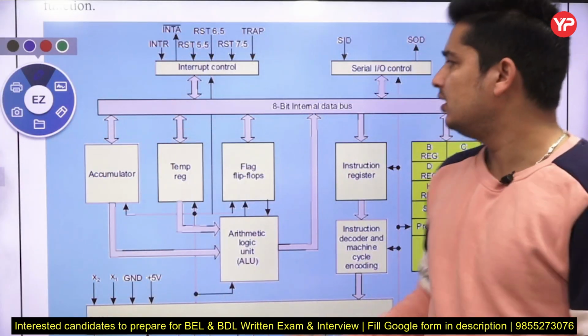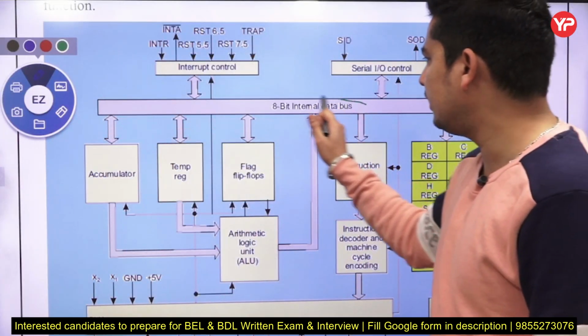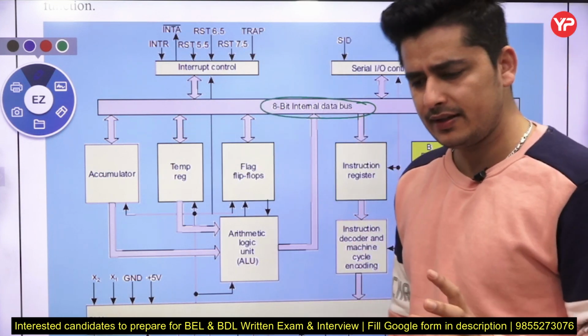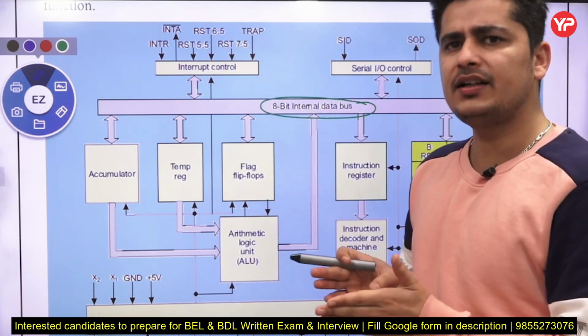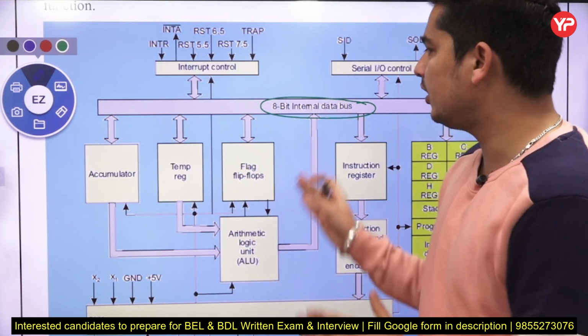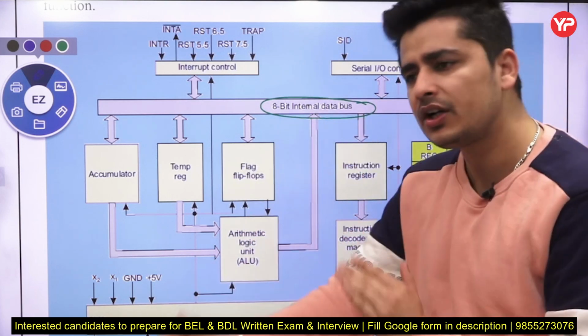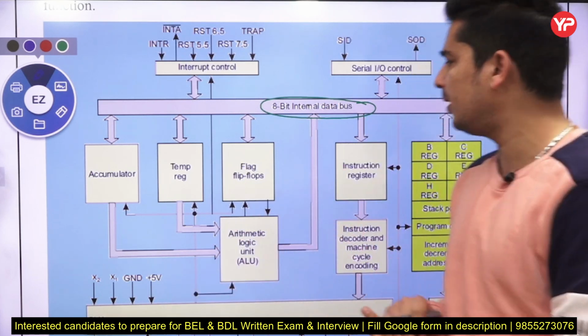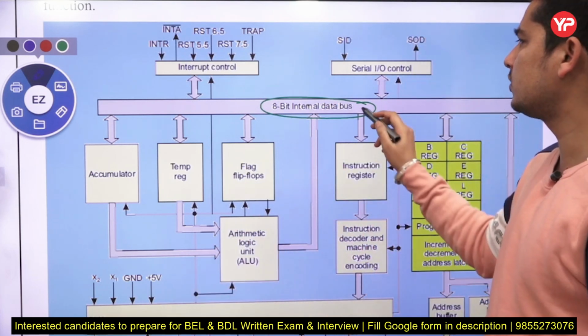This is the 8-bit internal data bus. What is the use of the data bus? The data bus will always take the data and flow it, meaning it will provide the data to the microprocessor, or it will take the data from the microprocessor and store that data to a particular memory. So it is used to flow the data.